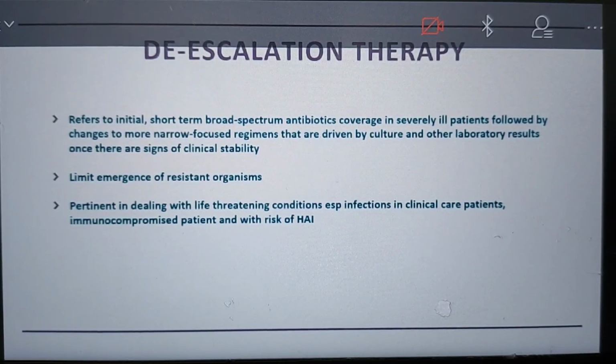This de-escalation therapy also has the advantage of limiting the emergence of resistant organisms, pertinent in dealing with life-threatening conditions, especially infection in critical care patients, immunocompromised patients, and patients with risk of hospital-acquired infection.